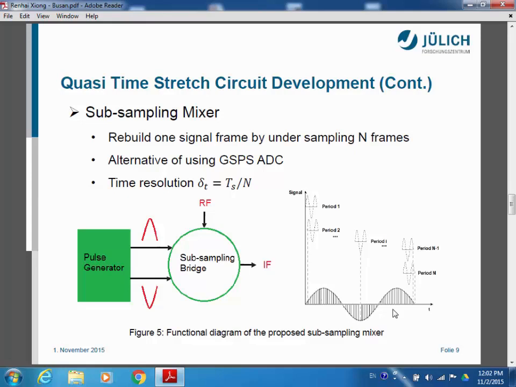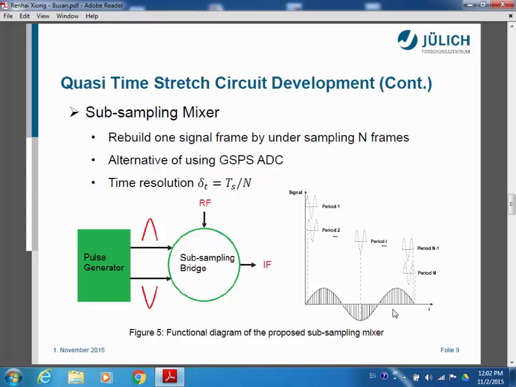The wavelet is a pulse-modulated ultra-high frequency signal. We can transmit n wavelets, take one sample from each wavelet, and sample the n continuous wavelets to rebuild one period of the signal.